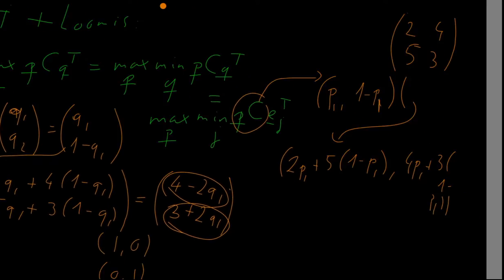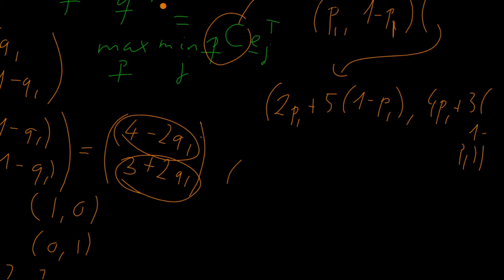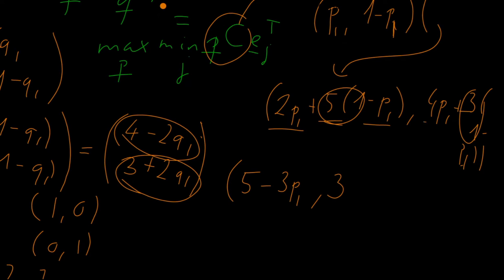And I just collected the terms as before. So it will be 2P1 minus 5, that will be something minus 3P1, and the something is 5. Cool. And then we have the 3 minus 3P1s plus 1P, so it's plus P1.